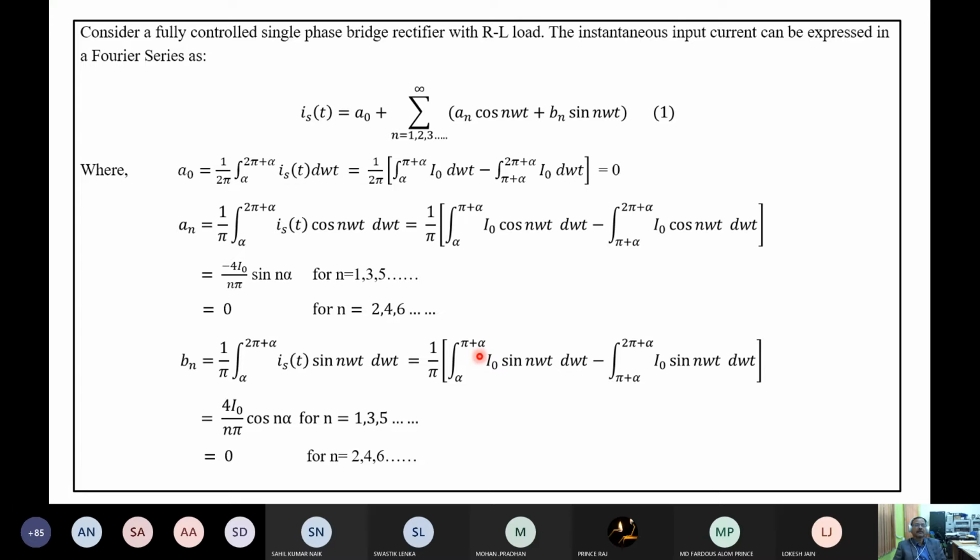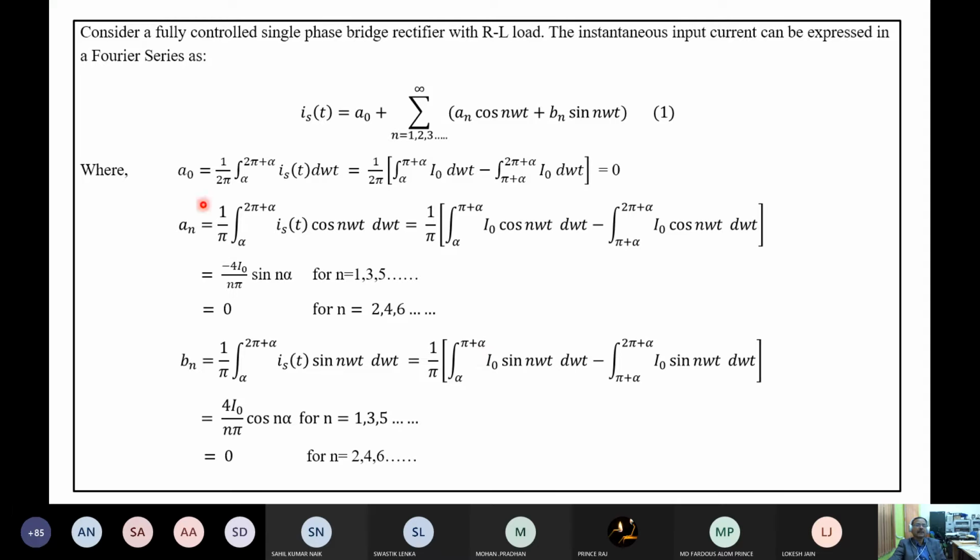Here A naught is 0 because of the symmetry. Positive half wave and negative half wave are symmetrical, so that cancel out. Even harmonics are not present.